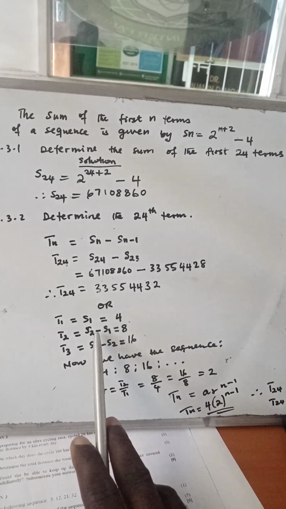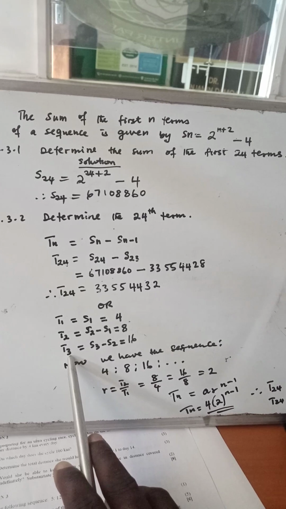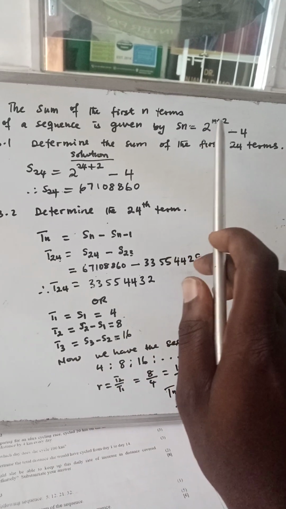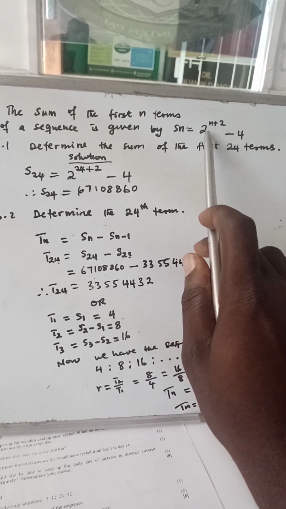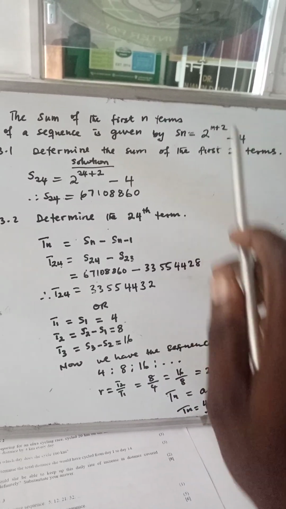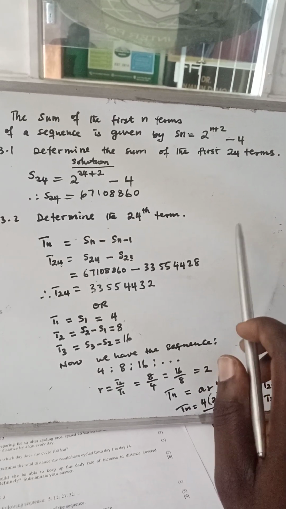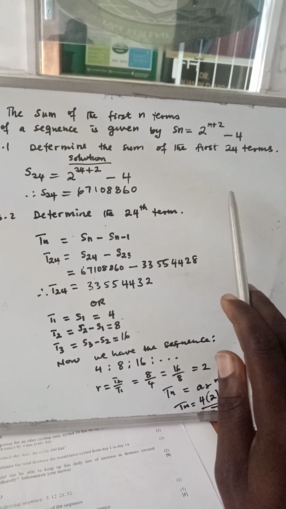And then my T3 is the same as S3 minus S2. So I need to put 3 into this formula, and that gives me 2 to the power 3 plus 2, which is 2 to the power 5, which gives me 32 minus 4. That gives me 28. That is my S3.